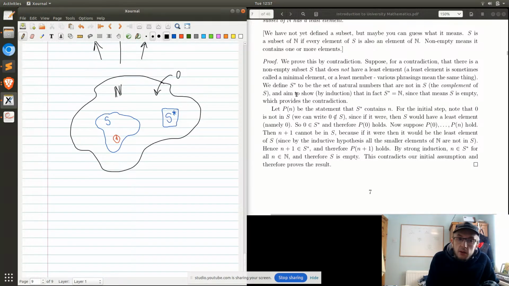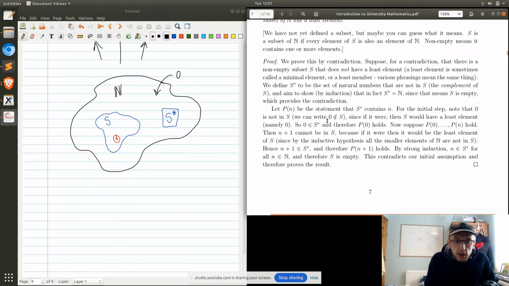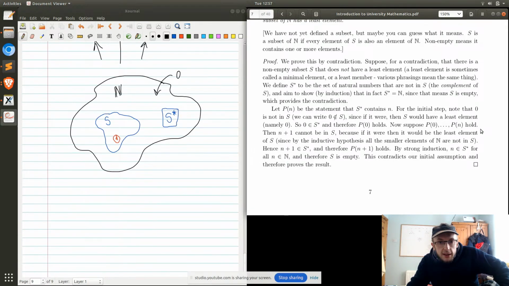Now suppose that we did the same thing, and it holds all the way up to P of n. Then n plus 1 cannot be in S, because if it were, then it would be the least element of S, since by the inductive hypothesis, all the smaller elements of the natural numbers are not in S. And hence, n plus 1 is here.